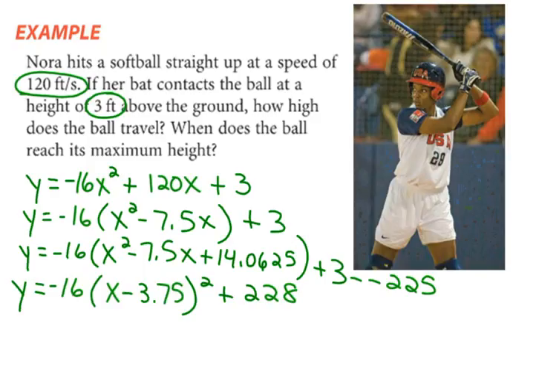So we've taken our quadratic in general form, we've done completing the square, now it's in vertex form, where (h, k) is the vertex, h is 3.75, k is 228. That means that it took 3.75 seconds for the softball to reach its maximum height of 228 feet.